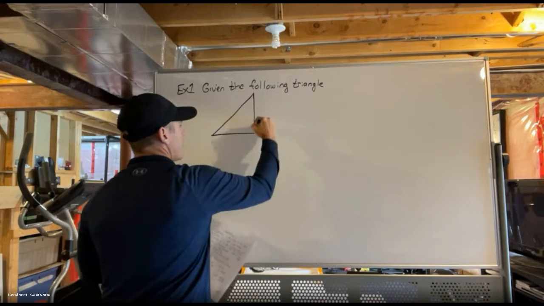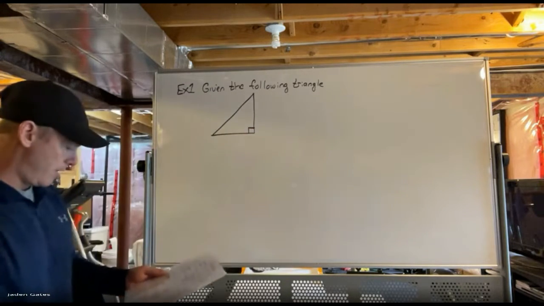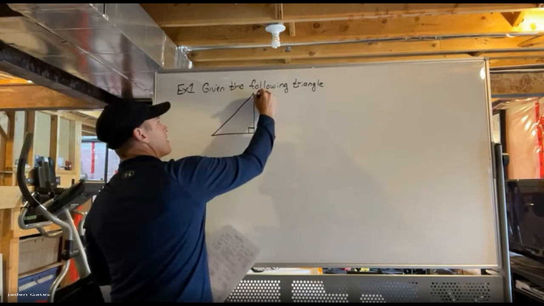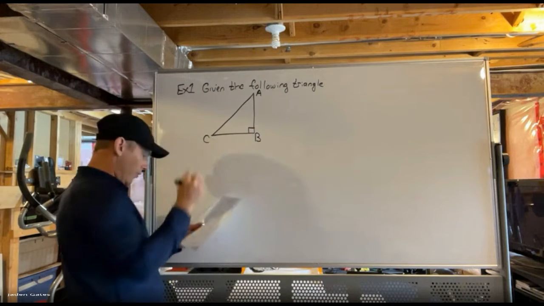And since we're doing trig ratios, it has to be a right angle, so I'll put my little box in there. I'm going to say that this is angle A over here, this is angle B, and this is angle C.